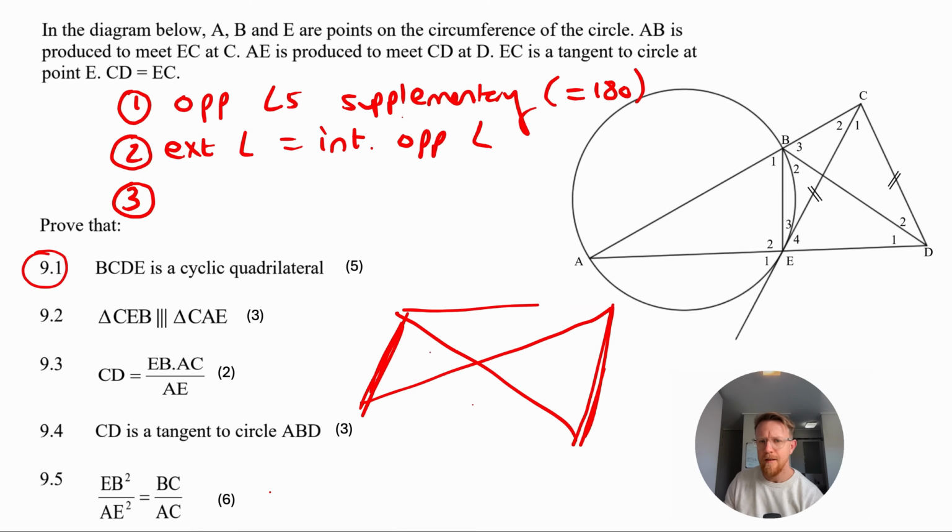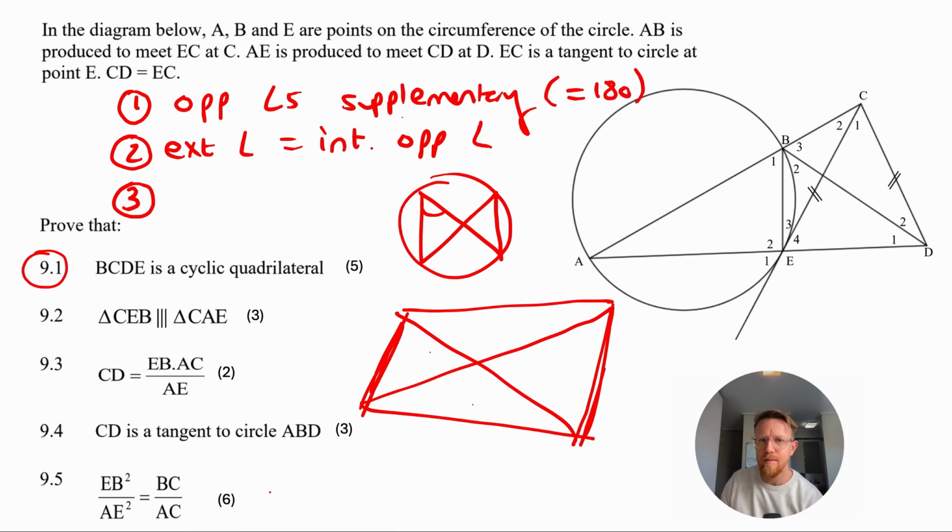See it? So if you've got a bow tie vibe going on, and if you can show that these angles are the same, or these angles are the same, then it must be a cyclic quad, because that property that I'm showing you, where those two are the same or those two are the same, only happens when you are inside a circle and you've got that whole angle in the same segment vibe.